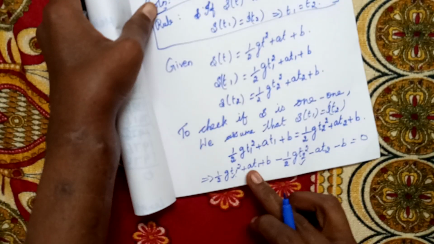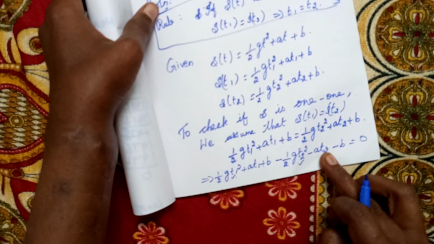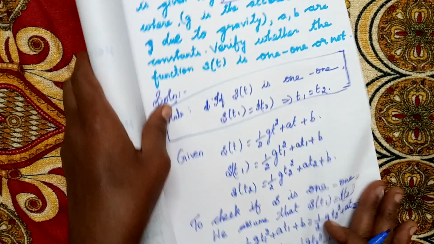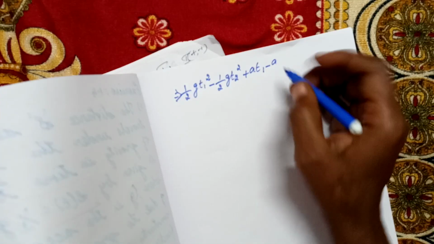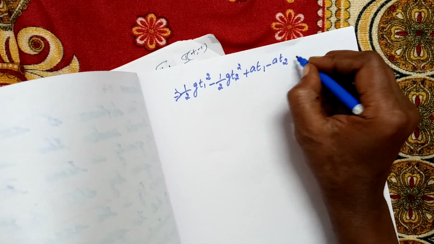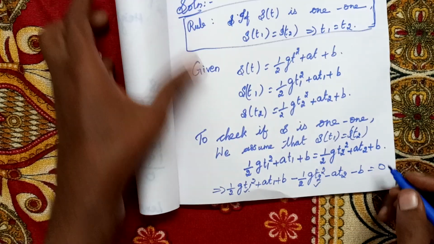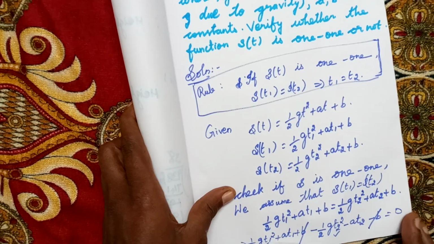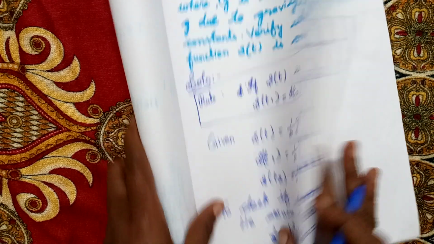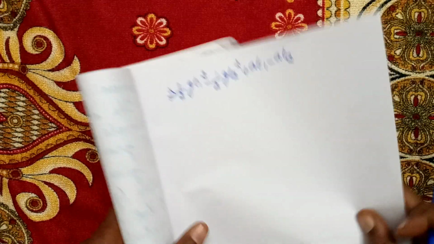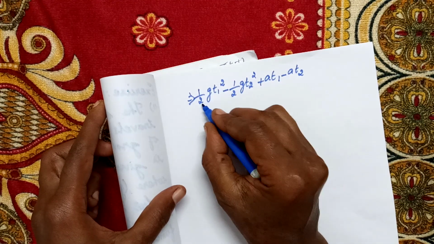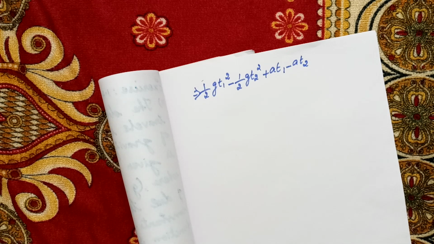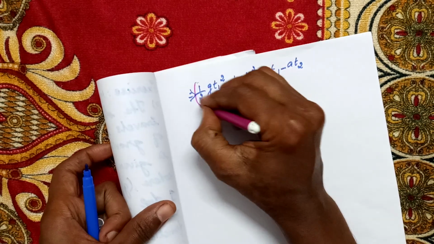In these two terms also, a is common. That term I am taking together, so a t1 minus t2. Next, plus b minus b is 0. Now here, in these two terms also, half g is common.